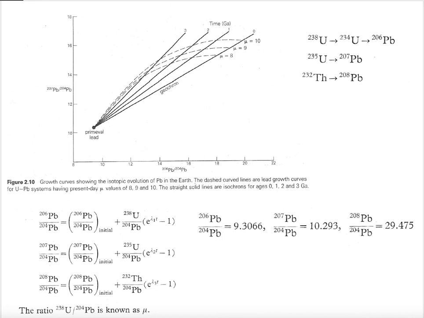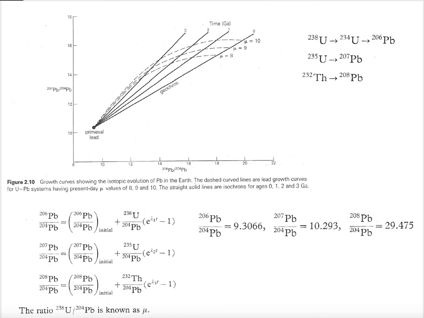And in this curve, we can show the isotopic evolution of lead in the Earth. We have on the x-axis the ratio between 206 lead and 204 lead. So 206 lead is formed at first by the decay from uranium-238 to uranium-234, and then we have the lead-206, which we can analyze.